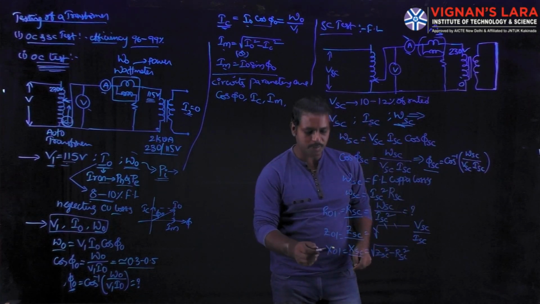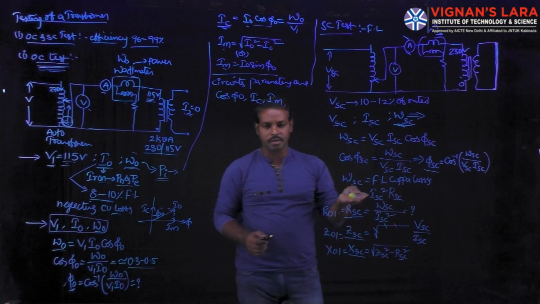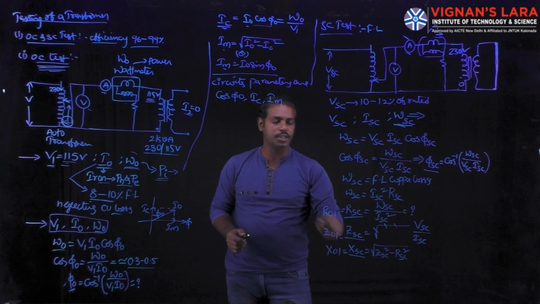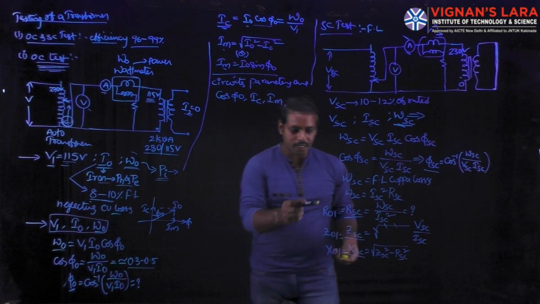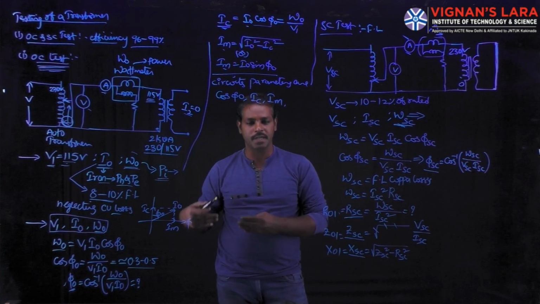Based on these parameters we can easily find R02, X02 and Z02, and based on these parameters only we can find the efficiency of a transformer.